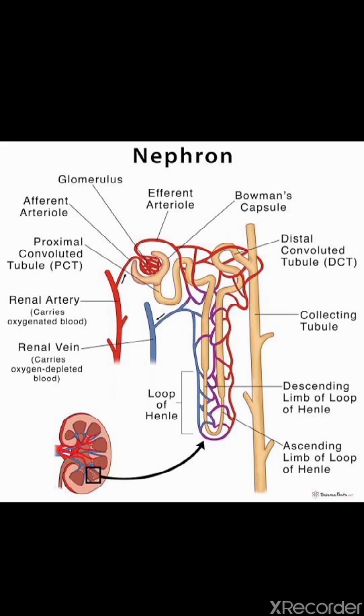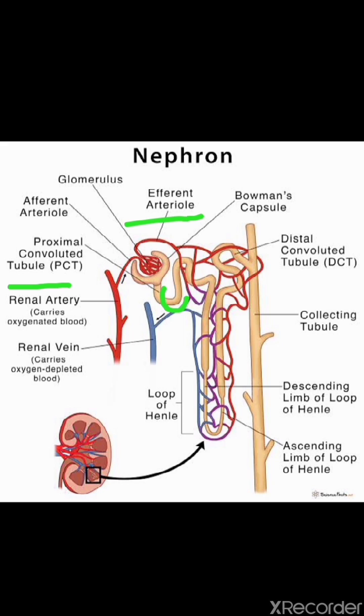Now, the efferent arteriole breaks up into a network of capillaries which surround the whole of PCT. This part is known as PCT, the full form of PCT is proximal or first convoluted tubule.